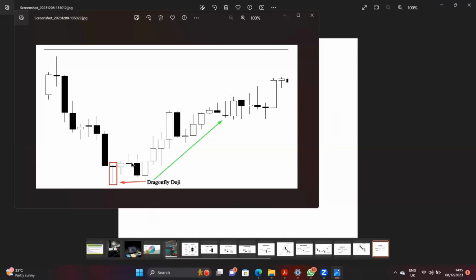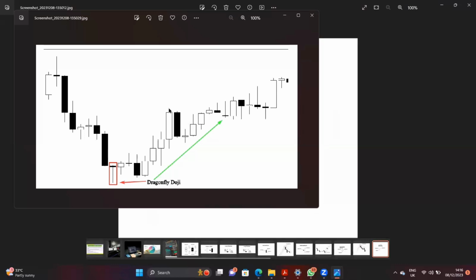So let's talk about the opposite of the dragonfly. We mentioned that the dragonfly is the bullish reversal pattern. Now let's talk about the bearish reversal pattern.